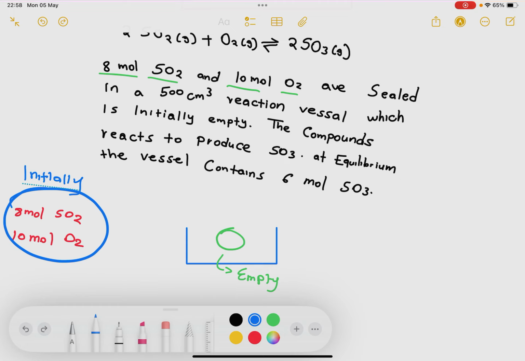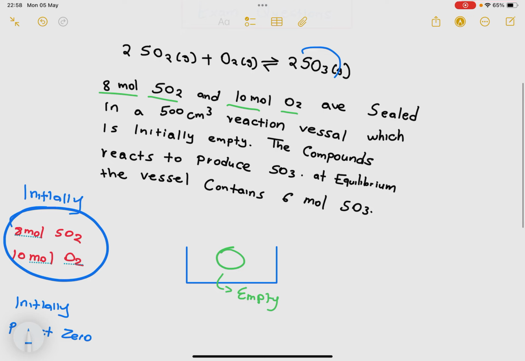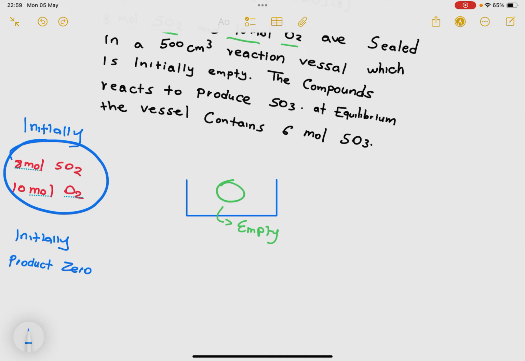You just have your maize and boiled water. In terms of your products, you don't have it. So initially, our product is zero. There's nothing inside the pot. This means that SO3 initially is zero. We've got 0 mole of SO3 because it is our product. Does it make sense? That's why we have nothing inside the pot.